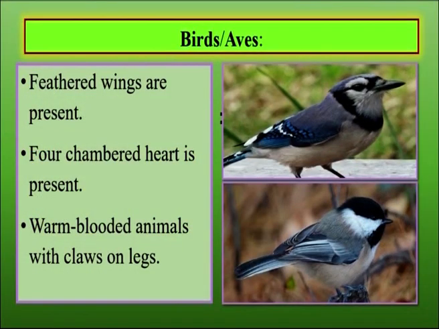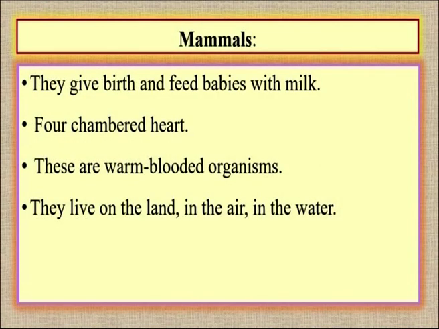Birds are aves. Feathered wings are present. A 4-chambered heart is present. These are warm-blooded animals with claws on legs. Mammals, they give birth and feed babies with milk. A 4-chambered heart is present. These are warm-blooded organisms.